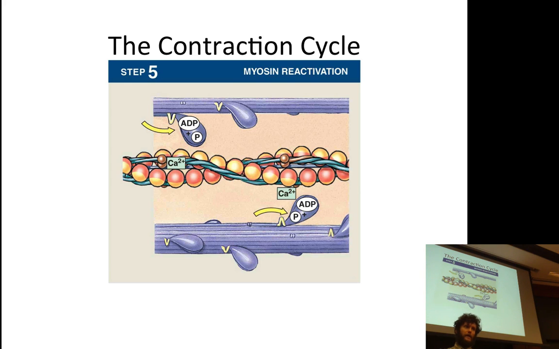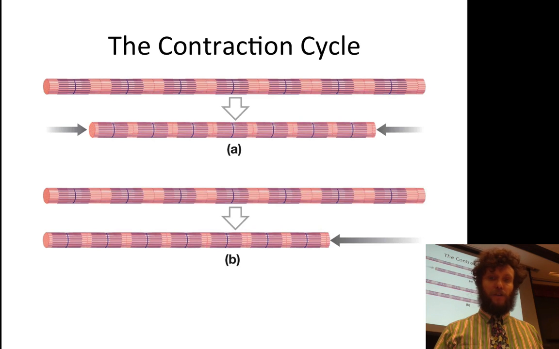And when that bond gets hydrolyzed, it releases energy that is absorbed in the conformational shift of pushing the head group back again. That conformational shift is stored in the hinge region, and it's ready for the next cycle of contraction.